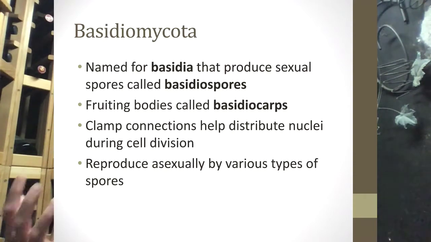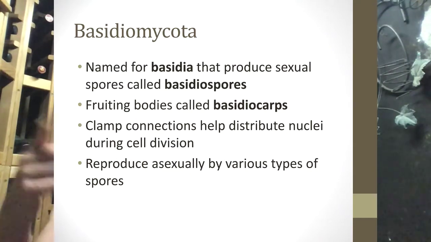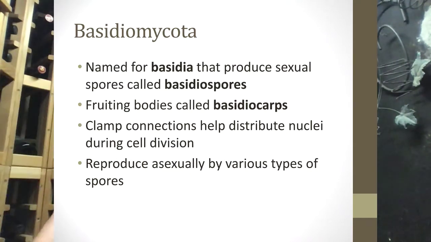The mushroom itself is the fruiting body, and more appropriately, it's called a basidiocarp. Okay, there are connections that help distribute the nuclei during cell division. This is a little distinction between the other groups. You don't have to really worry about that, clamp connections.